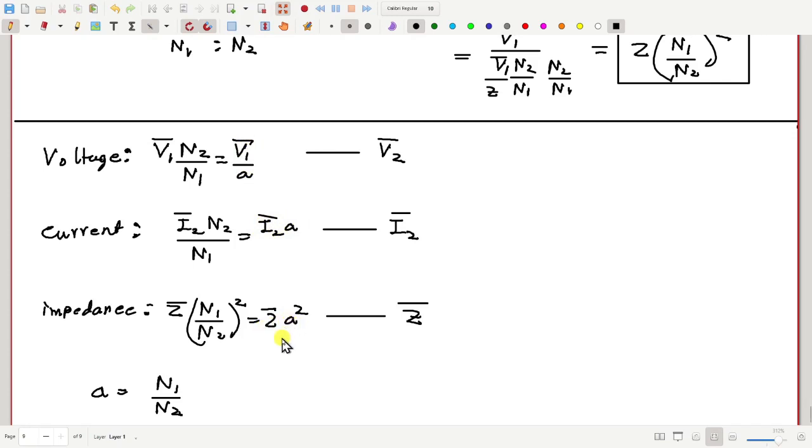Now for current also, sir, should be N1 by N2 in the denominator? Current, I made a mistake? Yes, I think I have made a mistake. So here, A should be below.